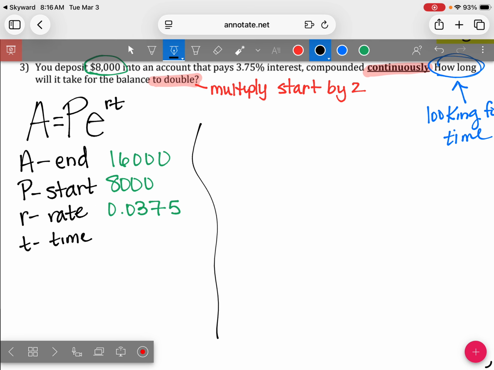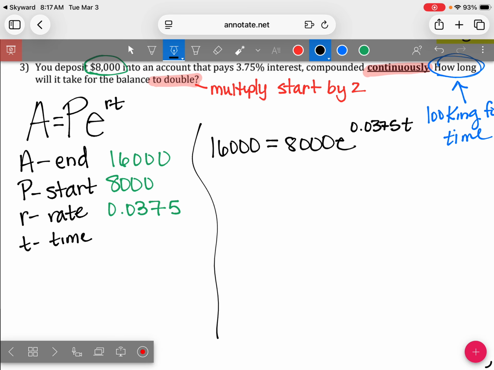So what I'll have is 16,000 equals 8,000 E to the 0.0375 T. We need to solve that for T. This is like the equations we've been solving up until now.